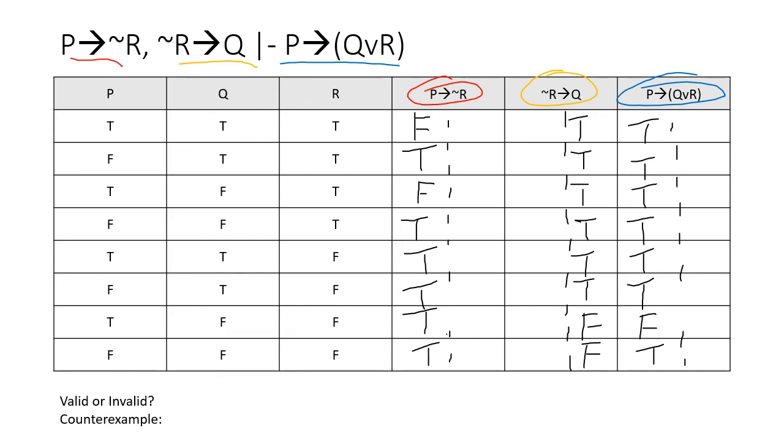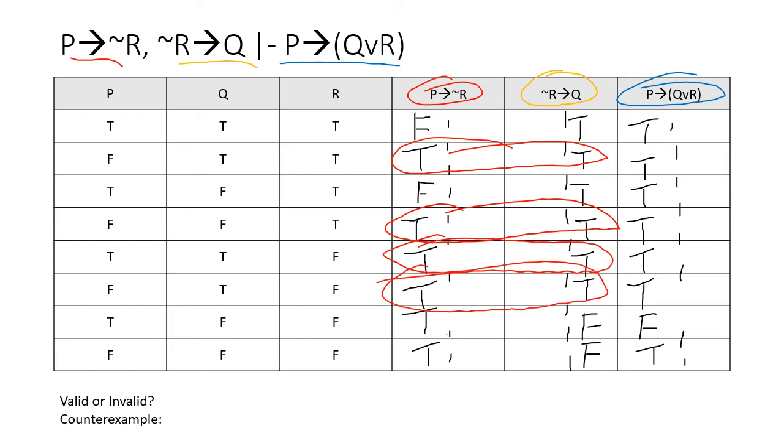And so let's compare what we've got. We have to look for instances in which our two premises are true. They're both true here, they're both true here, they're both true here, both true here. That seems to be about it.